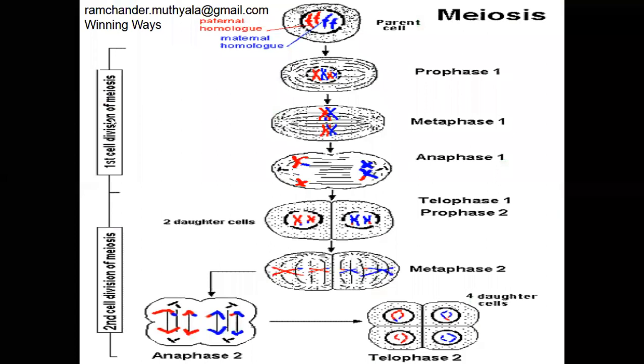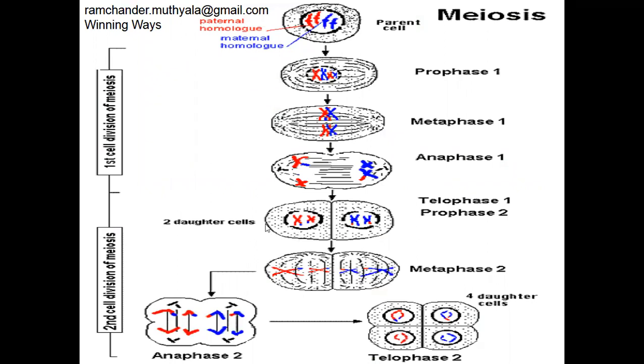After the first cell division, 2 daughter cells are formed, called dyad cells. The dyad cells again participate in the second cell division of meiosis to form 4 daughter cells. The 4 daughter cells are haploid in condition.